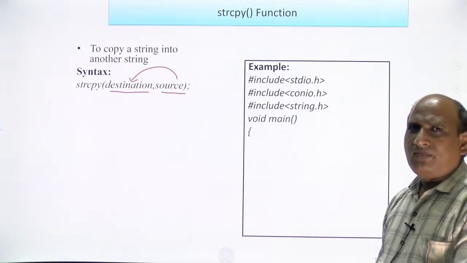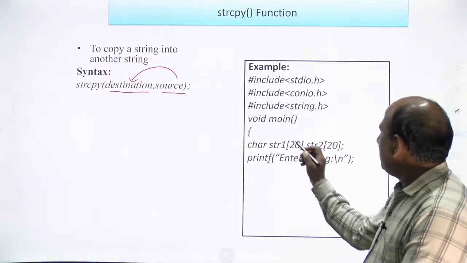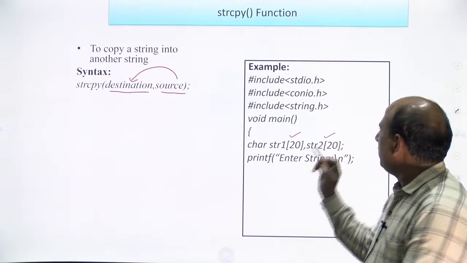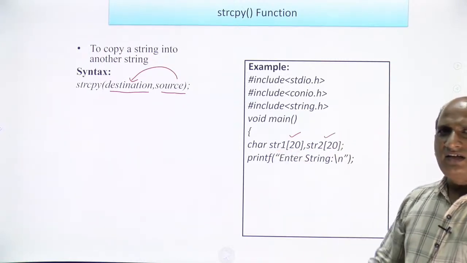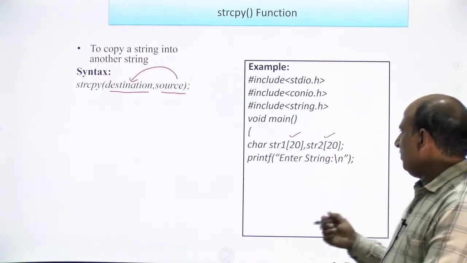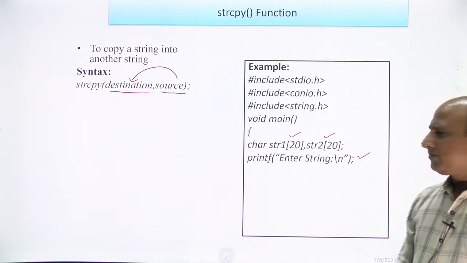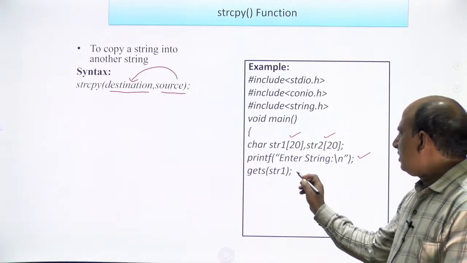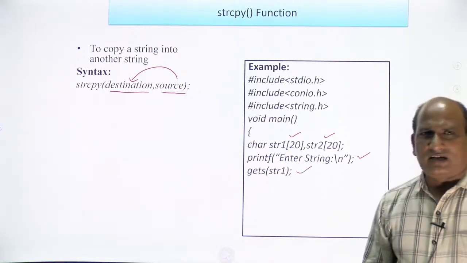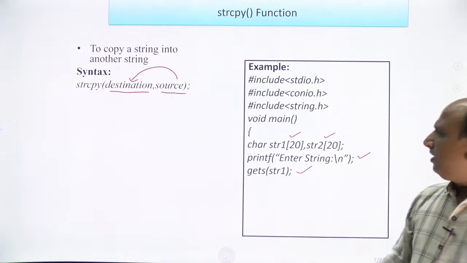Here is the program. I have declared str1 array and str2 array of character type for taking a string. Firstly I have written an enter a string message, and then this string is input by the gets function in the str1 array.